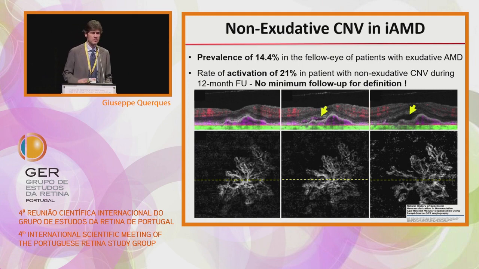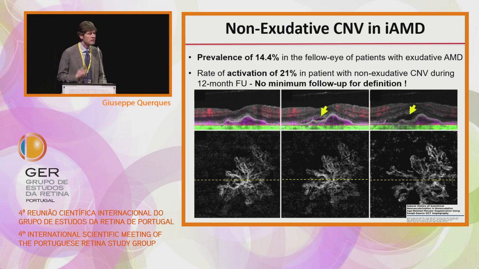So what makes this difference between our series and the series by Phil Rosenfeld? One of the main points in this description by Phil Rosenfeld was that there was no minimum follow-up. So there was no minimum of 6 months in order to define a non-active CNV. Quiescent means that you have to watchfully follow the patient for a minimum of 6 months in order to state that they are quiescent, so inactive. Otherwise this is just, let's say, a detection by chance of early type 1 neovascularization that is still going to develop exudation.